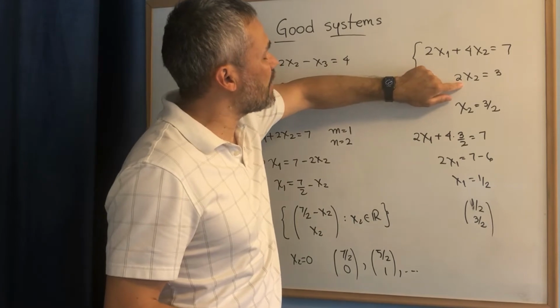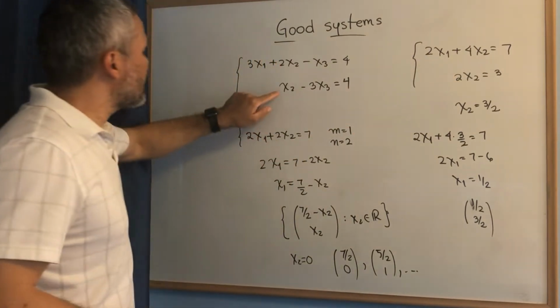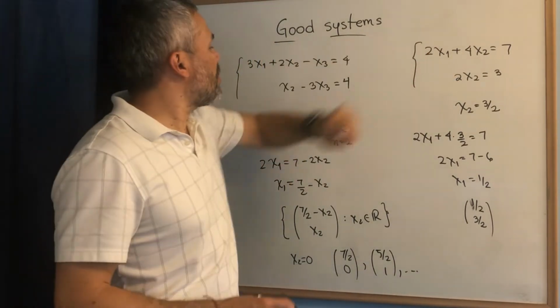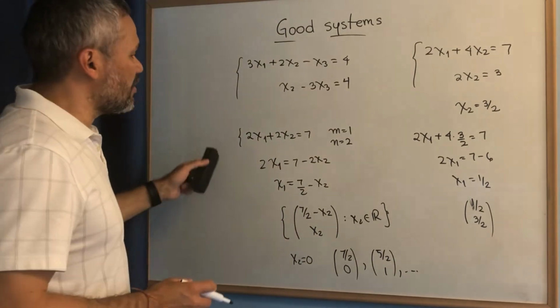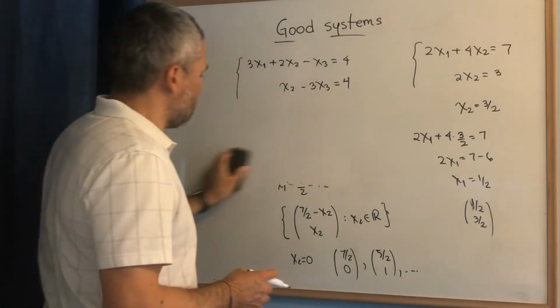Then in this case we can solve for the last equation, something similar to what we did here. We solve for the last equation, and then we can replace the information on the top. Let's see here how this goes.